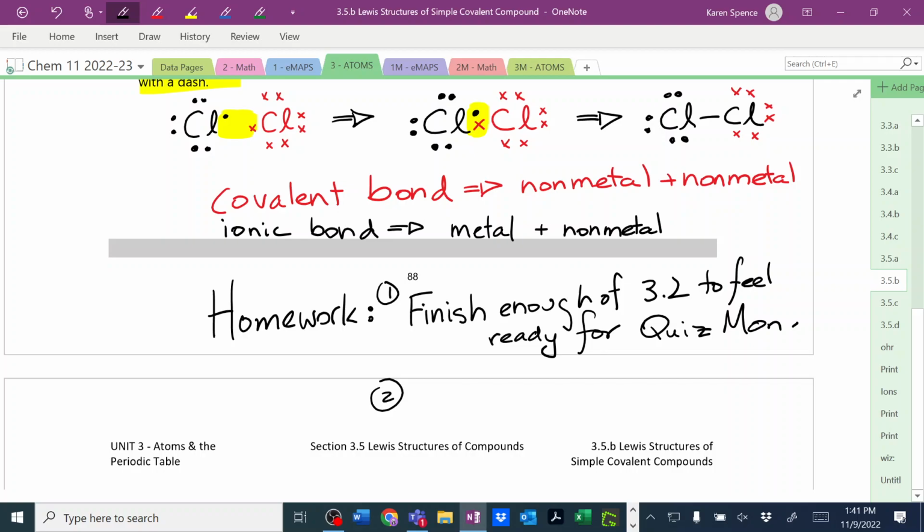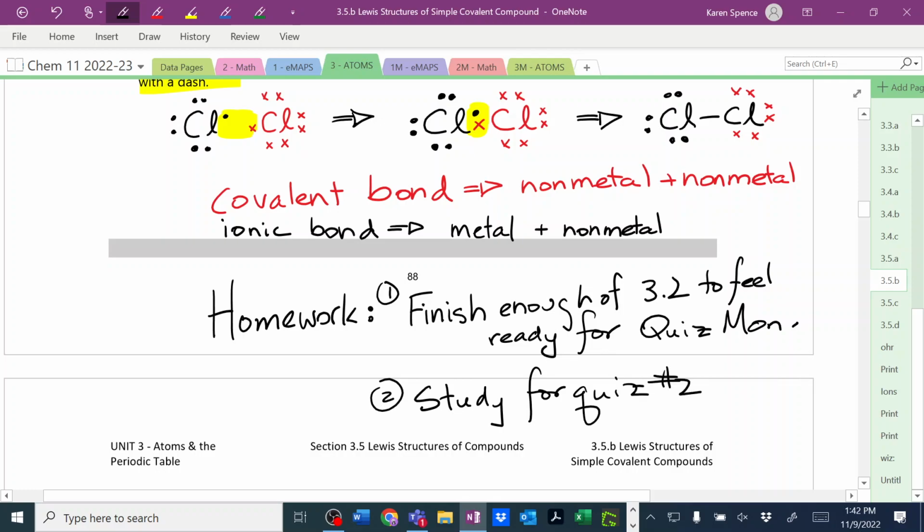So instead of doing that, spend 15 minutes each day of the weekend, Friday, Saturday, Sunday, you have a nice long weekend, looking at study for quiz number 2 on Wednesday, and that is on the periodic table, metals and nonmetals.